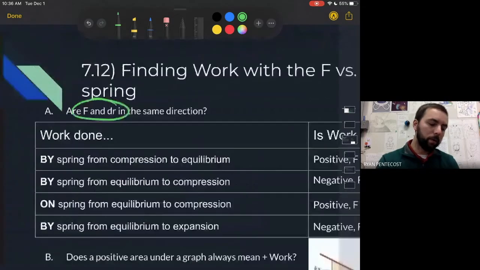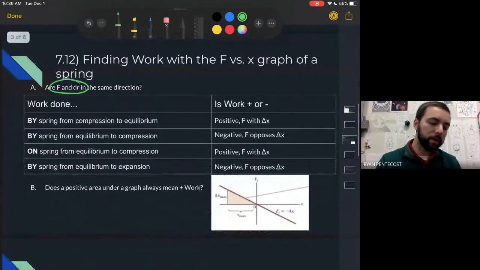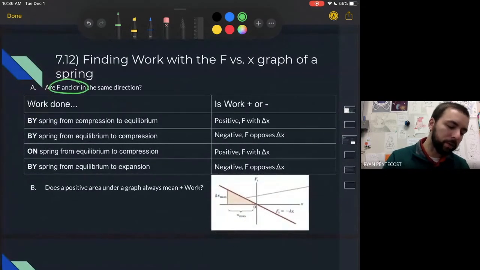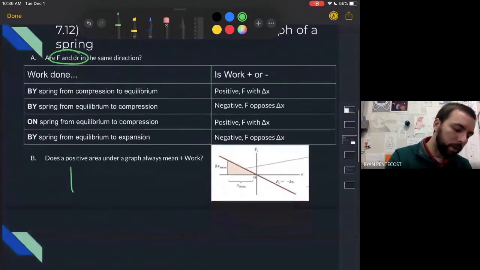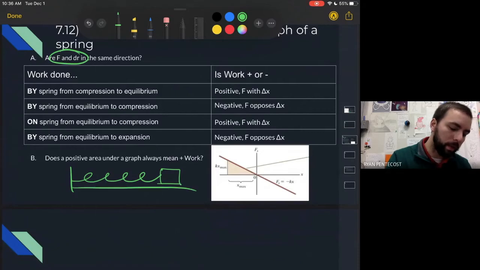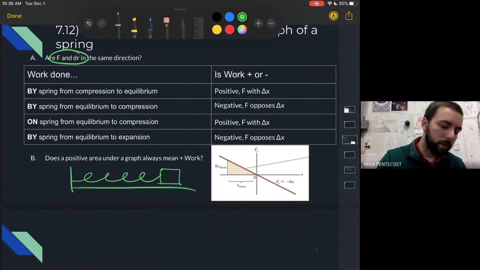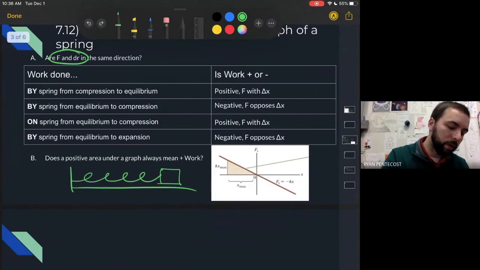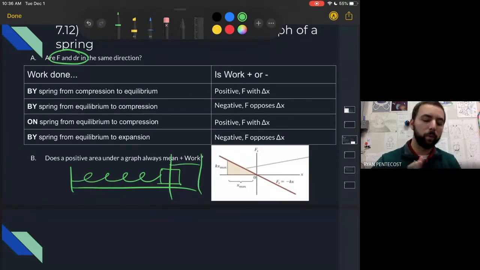So, work done by a spring from compression to equilibrium. Let's look at it. We've got a spring moving from compression to equilibrium, right? It's compressed, we pushed the spring down, and now it's returning to equilibrium.